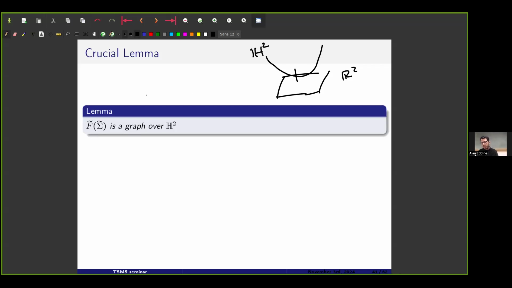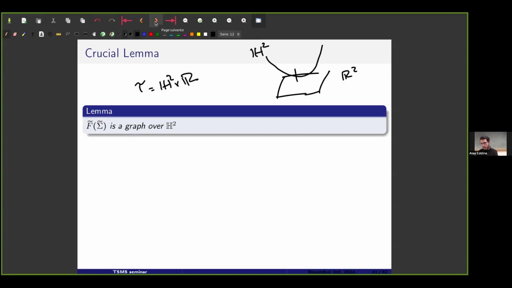Like when we see, as I said, the cone is H2 times R. So we want to prove that F tilde of sigma tilde is just the graph of some function over H2 in this product.